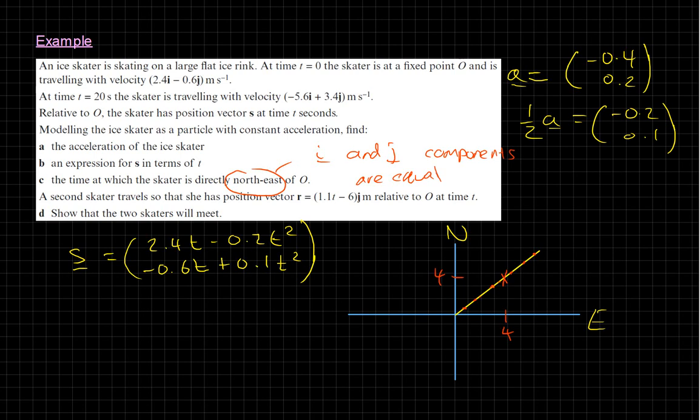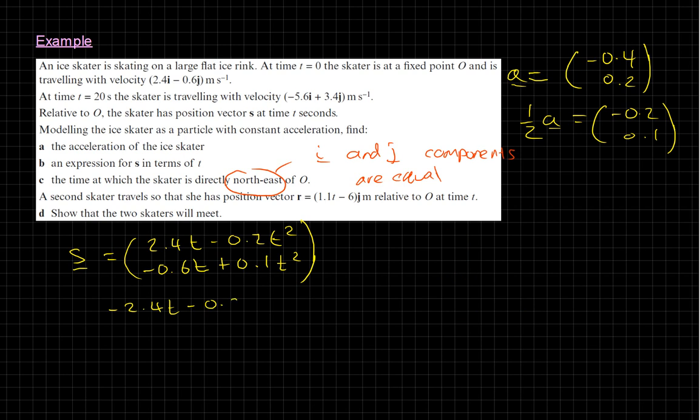Right, so let's then apply that mathematically. So we're going to have the I component, which is 2.4t minus 0.2t squared. That's equal to the j component, which is minus 0.6t plus 0.1t squared. And now we've basically got a quadratic equation, right? We just need to rearrange, make it equal to 0, and we've got a quadratic equation.